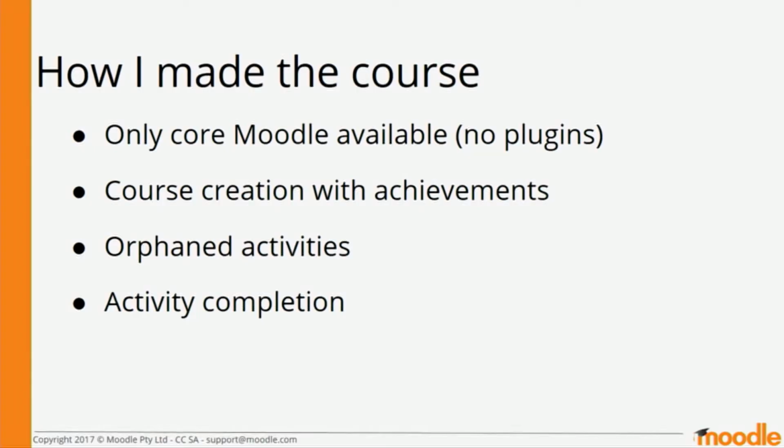I used activity completion, and something else I can't remember now. Anyway, I took all this together so that I could create a whole bunch of achievements and a whole bunch of other trophies for making your way through my course.